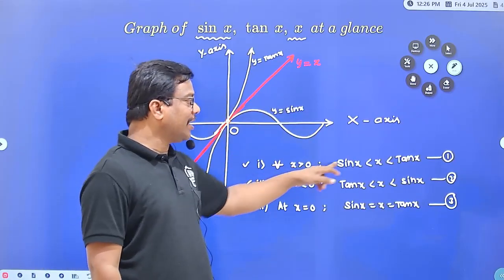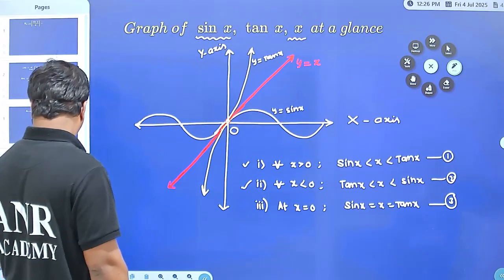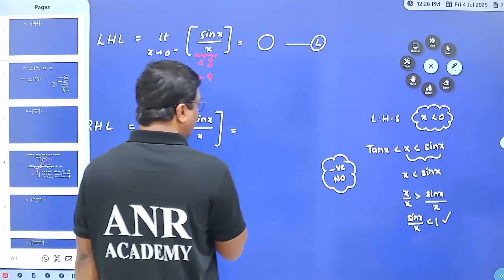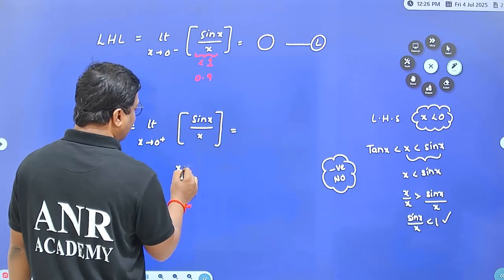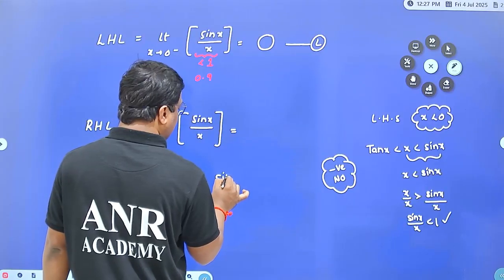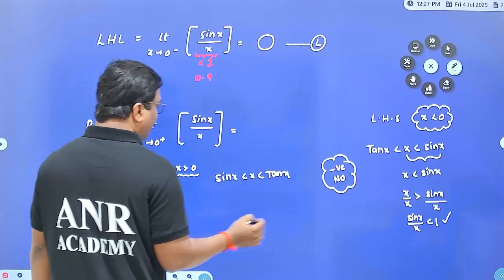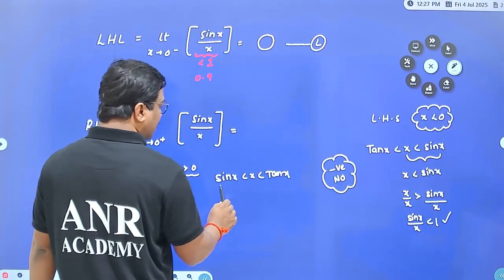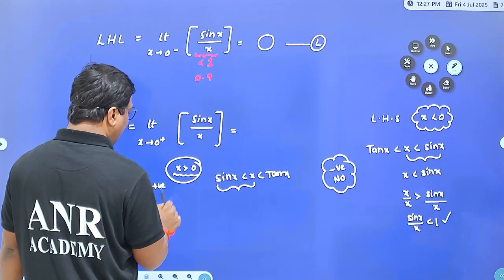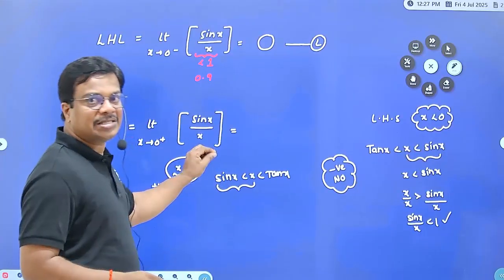For the condition more than 0, I am going to use sin x less than tan x. For this, x value is greater than 0. We need the relation between sin x and x. x is positive clearly. When you divide with a positive number, there is no change in the inequality, remember.